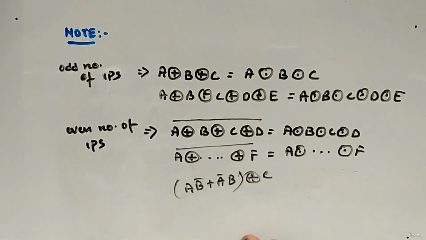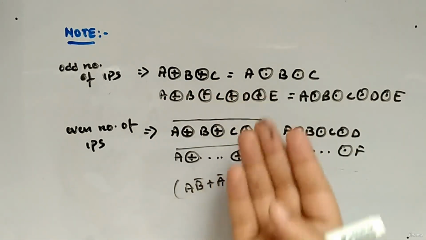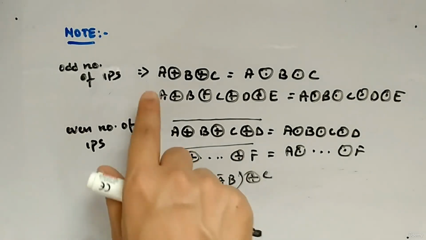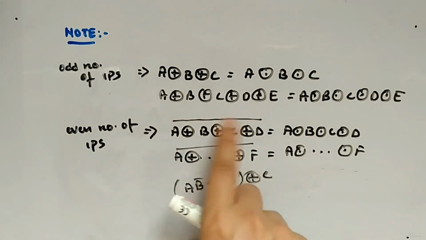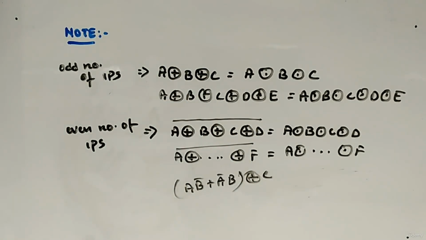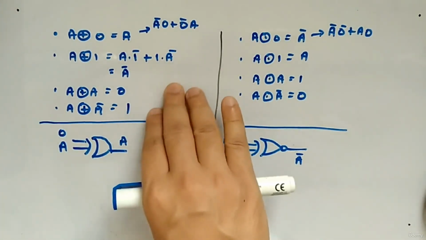It consumes too much time to actually expand both the expressions and see whether they are equal or not. So instead you should remember these properties. In case of even, there will be a bar. In case of odd, there won't be a bar.